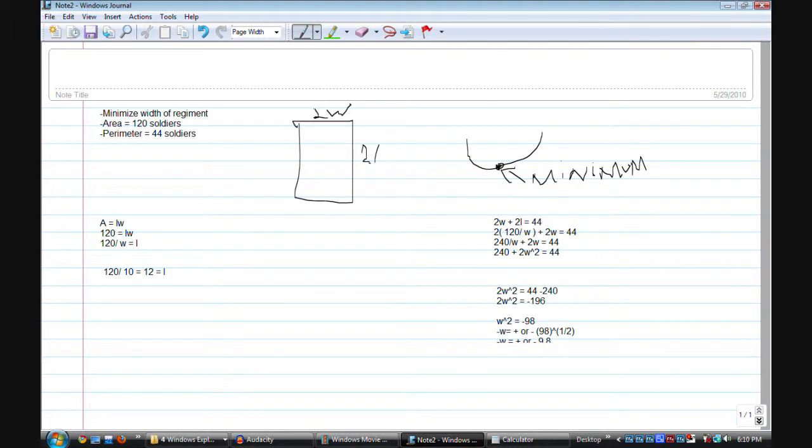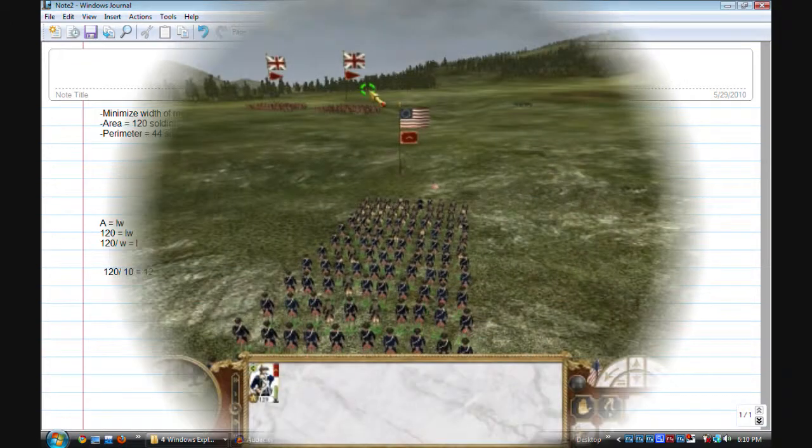So that means our length will be 12 and our width will be 10. And we actually minimized the width because the original width was 40, and we expanded our length, which would have been 3, now we have 12. And so this is important for the next part.